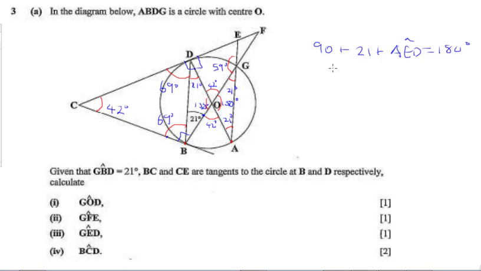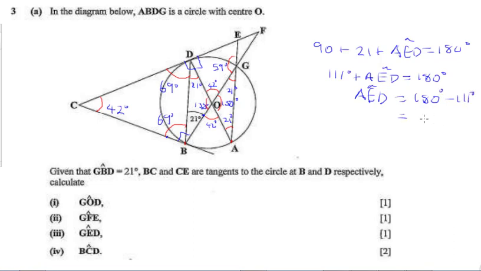So 90 plus 21 gives us 111 degrees, plus AED is equal to 180 degrees. So AED is equal to 180 minus 111 degrees.